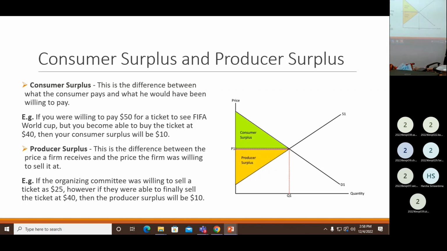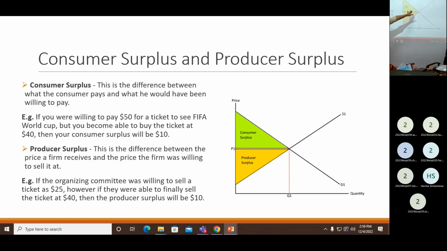You're able to buy the ticket at $40. You're saving $10. You are mentally prepared to pay $50, but you got to know they have set the price at $40. So from your maximum price you are willing to pay, there's a $10 reduction. So you're making a saving. That is called consumer surplus.